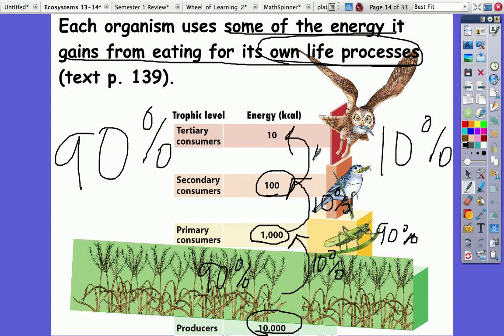Therefore, if you are an owl and you eat nothing but meat, you really do not gain that much energy from your food, so you have to consistently eat. Whereas if you eat plants, you're able to get more energy, which actually allows for the elephants to be so large, because what they do eat, they get so much energy from it that they're able to house and store and grow so large.